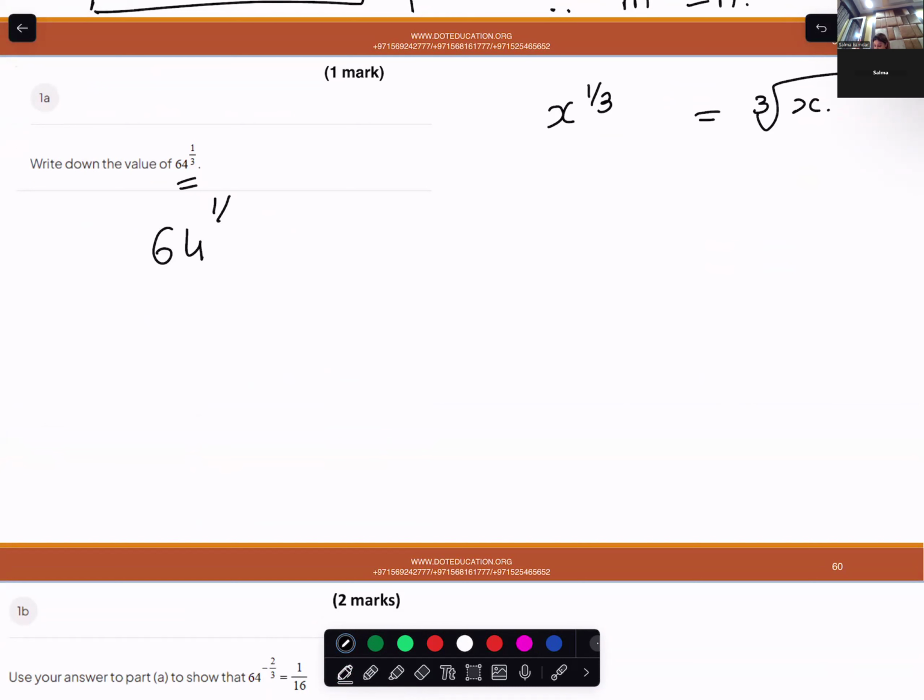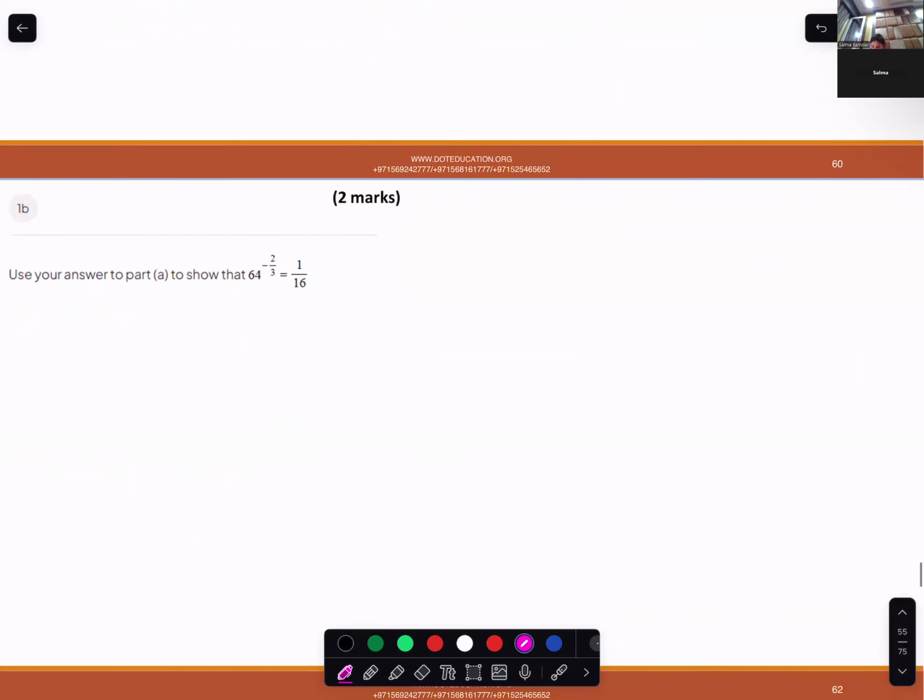So 64 raised to 1 by 3 is the cube root of 64. This you will put in your calculator. You're directly going to get an answer. It is equal to 4. So 64 raised to 1 by 3 is equal to 4. Ensure you know proper use of calculator.